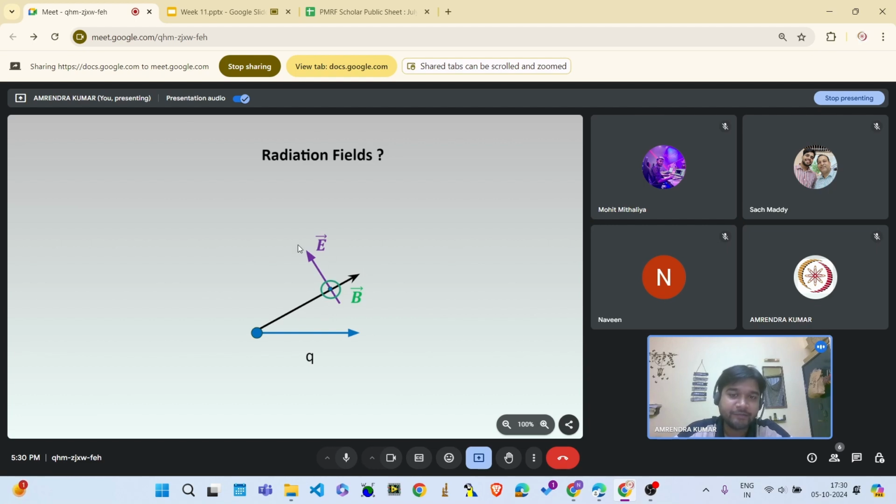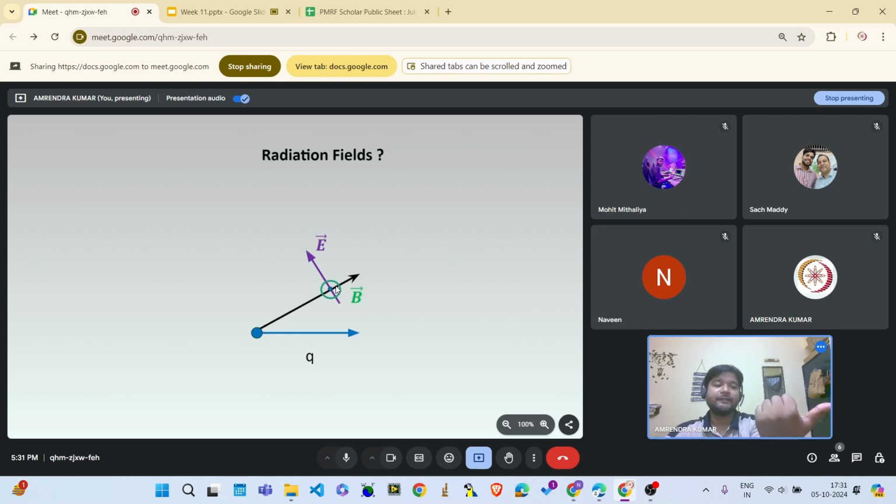So if any point R has this kind of direction, going alongside the black arrow, we can see here that the electric field is lying in the plane, as you can see from this arrow, but it is perpendicular to the direction of propagation. And also the magnetic field is coming out of the plane.